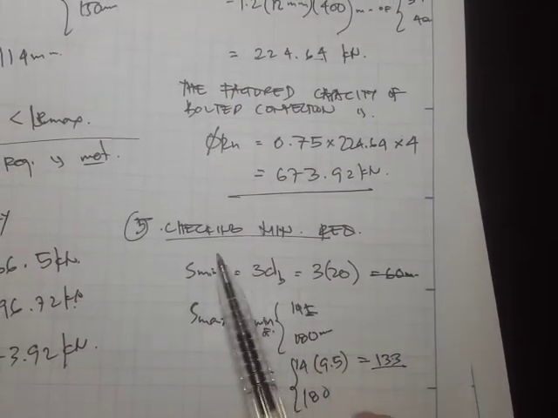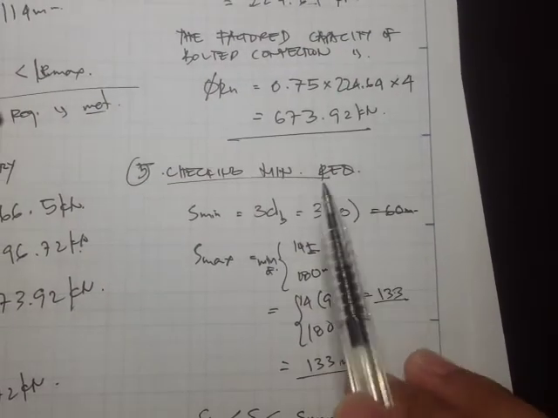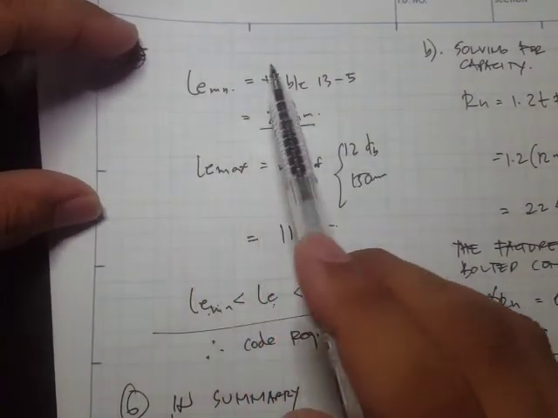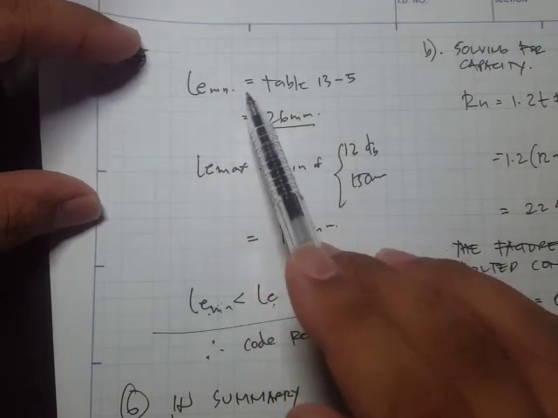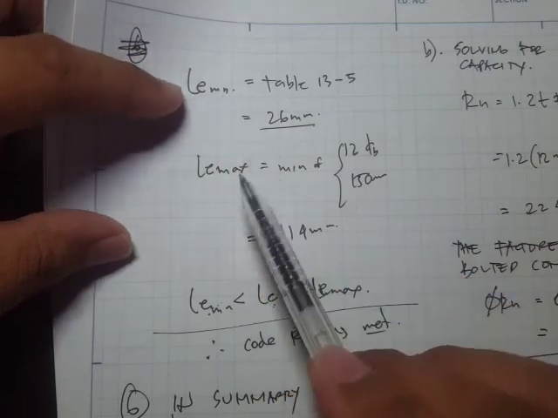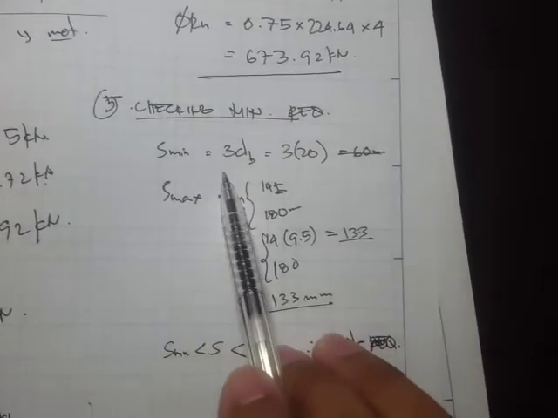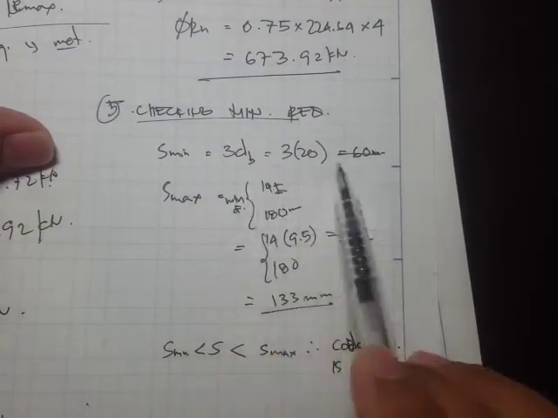The last step that we did is to check for the minimum requirements, especially the minimum and maximum spacing, and this edge distance. Okay, that's the edge distance, the minimum and the maximum edge distance. So for this, the minimum is just simply 3 times the diameter of the bolt, that's 60.